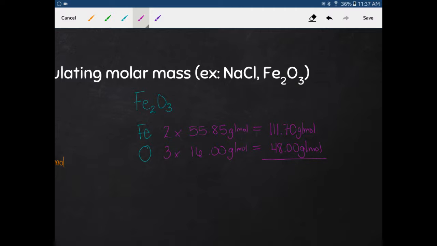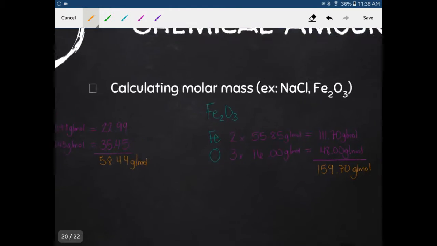And when I do my addition here, I get that my value for my molar mass is 159.70 grams per mole. All right, so simply I just add up each component of my compound as an element, how many of each atom do I have, and then I can add them all together. Let's maybe take a look at one more complex example.